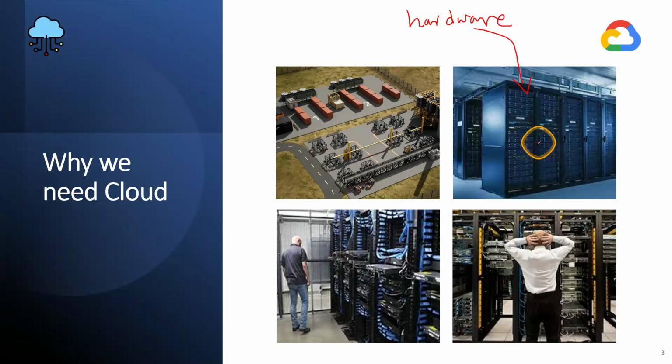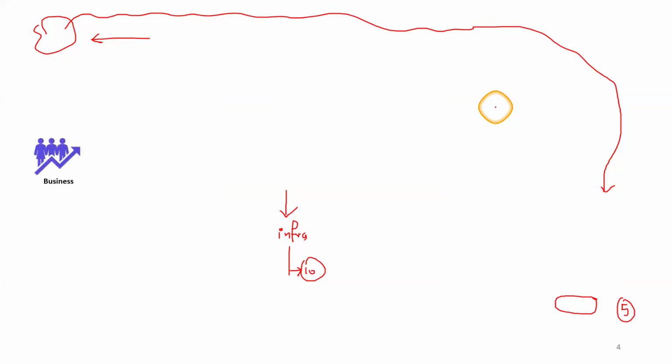This means it is an organized way of storing your infrastructure. First they have to build the data center like this, and after that they are going to convert your entire infrastructure or hardware into the rack and stack. Everyday monitoring and maintenance, all the activities they have to take care of.